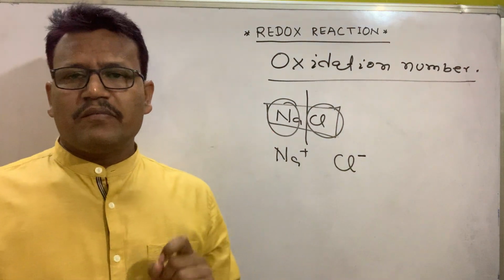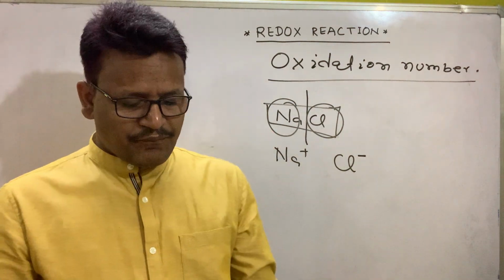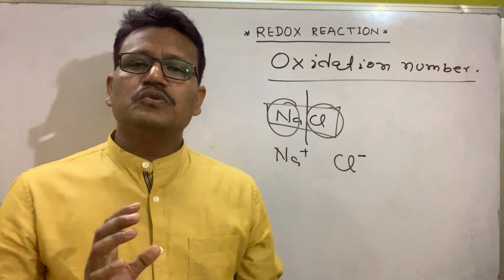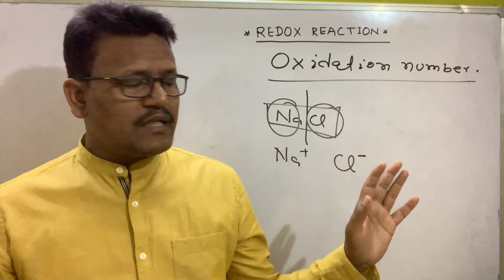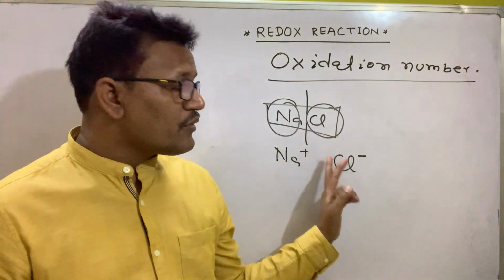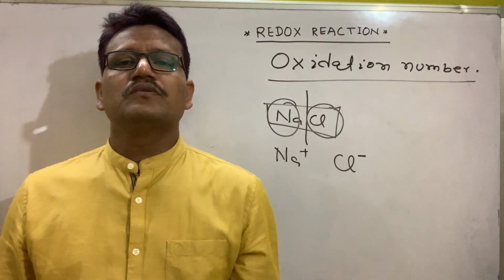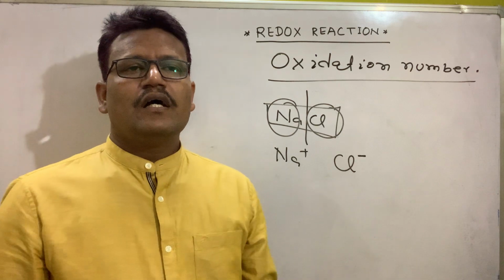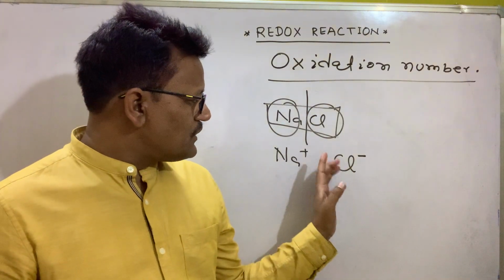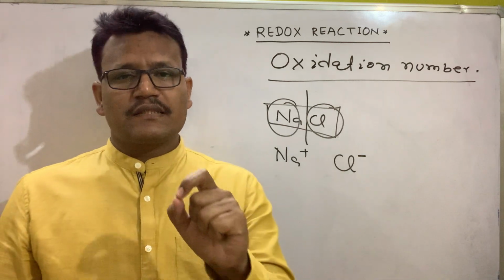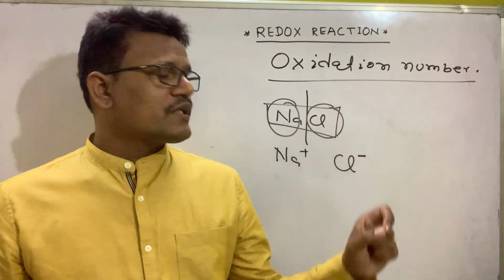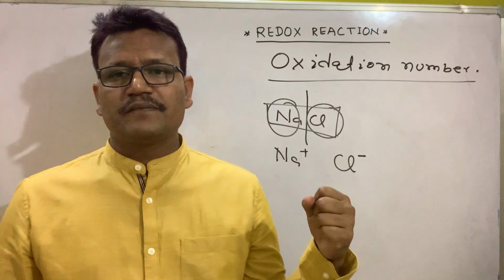To gain stability, sodium wants to lose one electron from its outermost shell, and chlorine has to accept one electron because it wants to gain stability, and for stability the octet rule has to be followed.